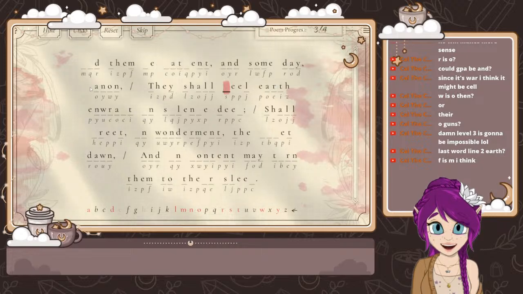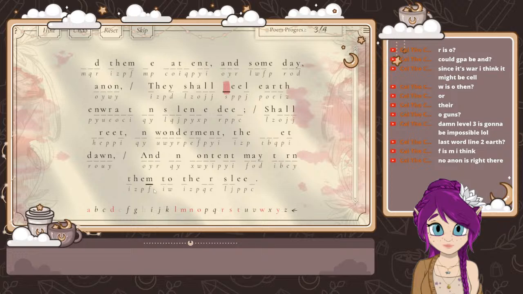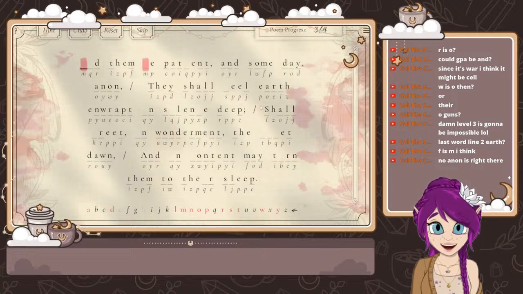Them and someday anon. Them to sleep, deep sleep, in warped.